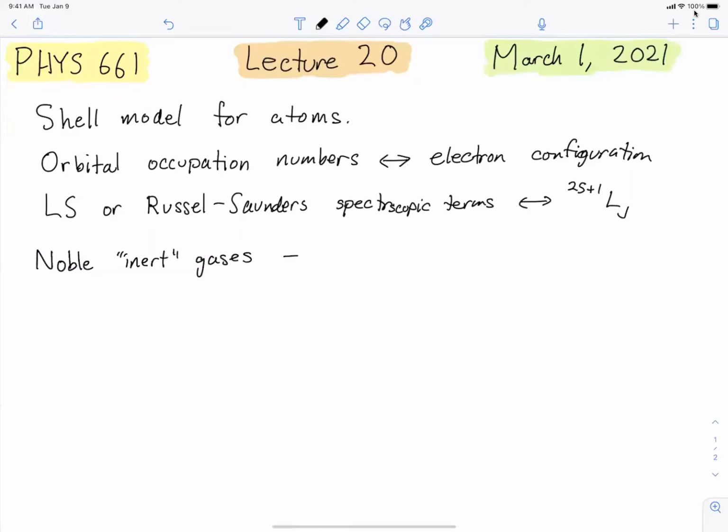Okay, and these consist of all atoms in which there is a full p orbital. Remember, p means angular momentum 1. And all other lower orbitals filled when you look at the orbital filling order.